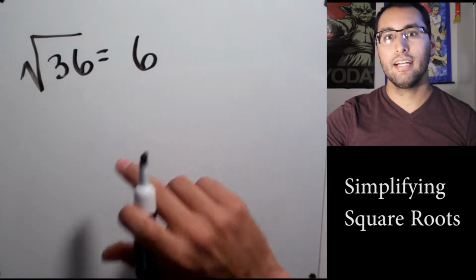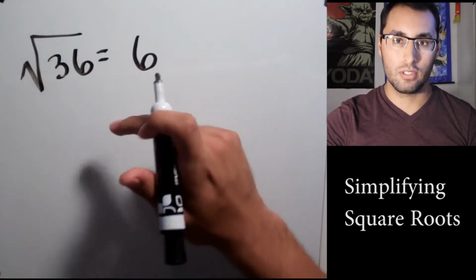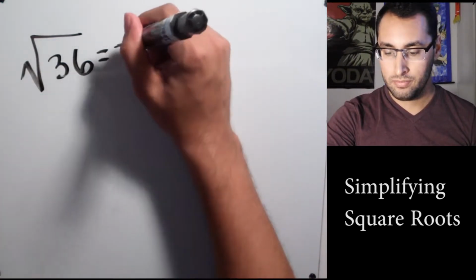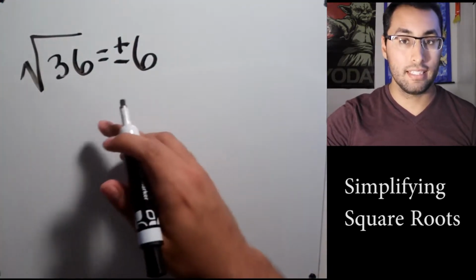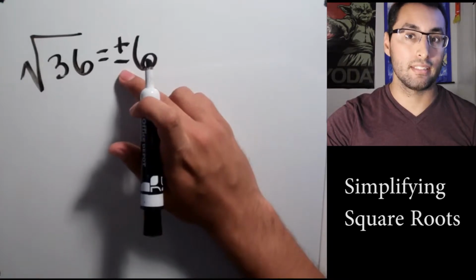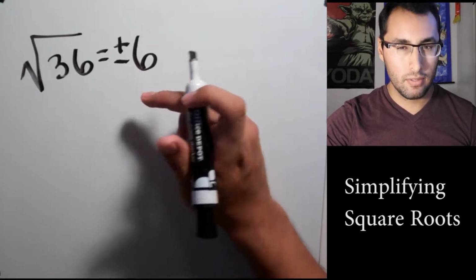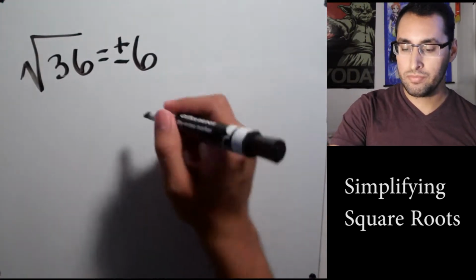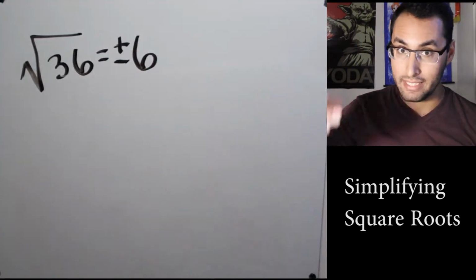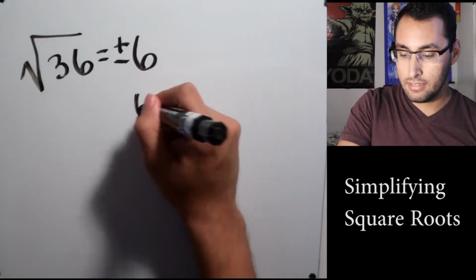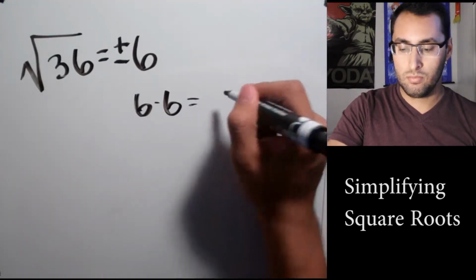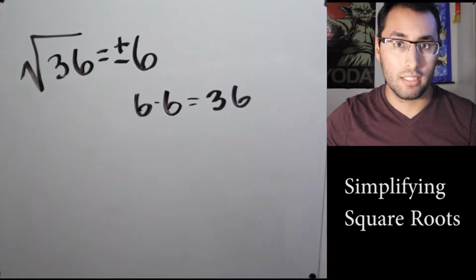But there's a key thing that I have to put in front of 6 in order to simplify. I'm going to put a positive sign and a negative sign. The way I say this is plus or minus 6. The reason is because I'm looking at numbers I multiply to get 36. Well, 6 times 6 is 36, both positive.